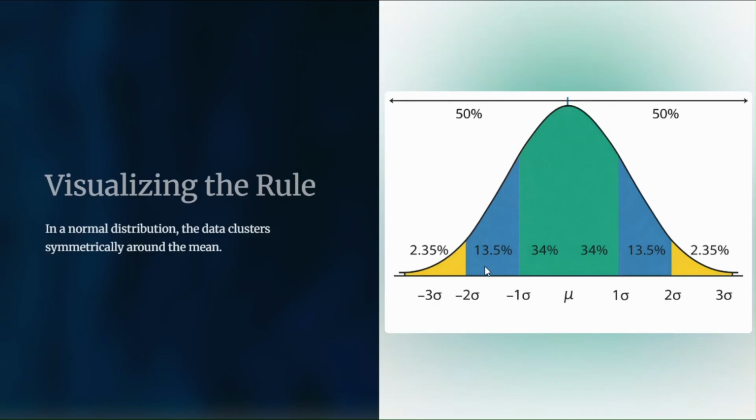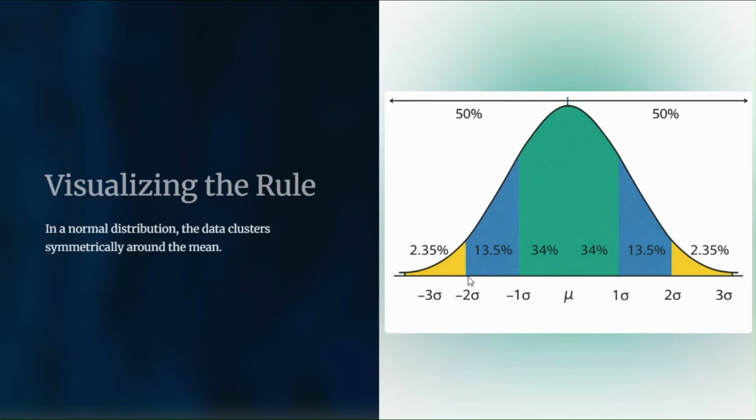And therefore, if we go one more standard deviation below the mean, we will add another 13.5%, and then 1 standard deviation to 2 standard deviations above the mean, another 13.5%. So when you add 34 plus 34, that's your 68, plus the 13.5 plus 13.5, that will be 95%.